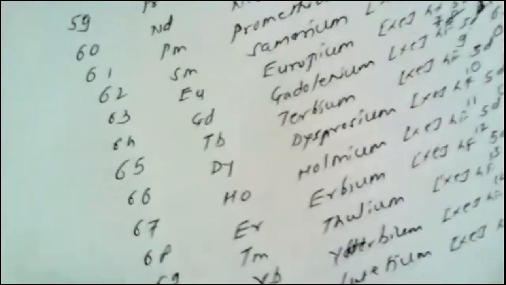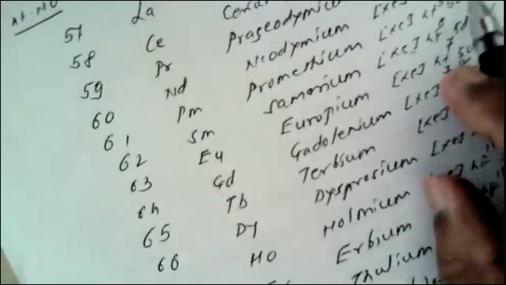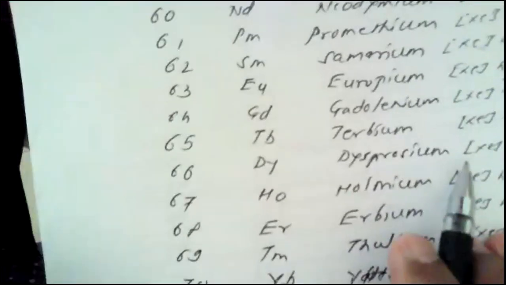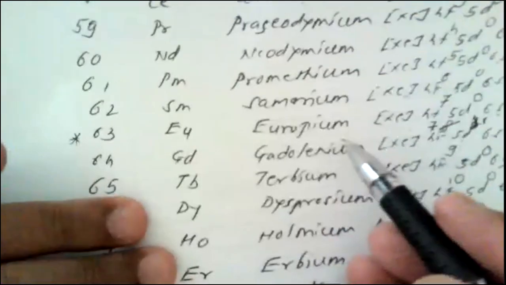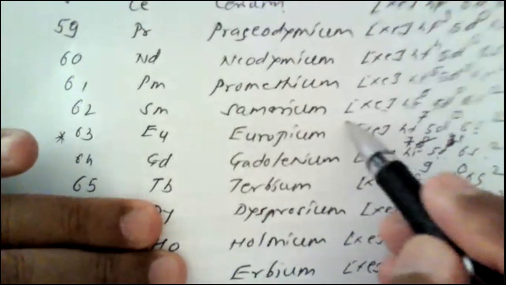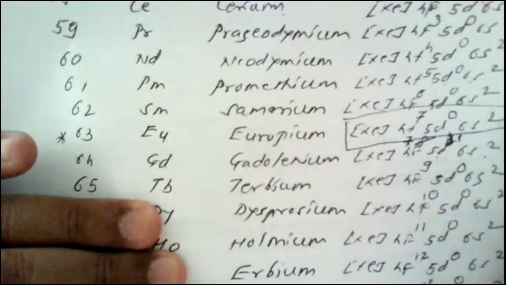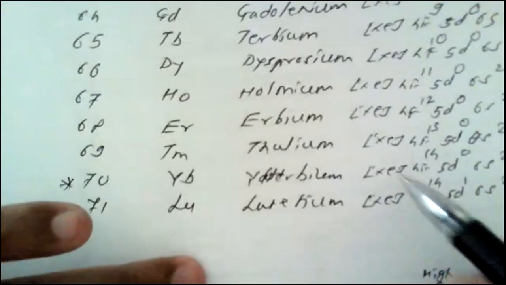Now, what are the drastic features of this electronic configuration? I would like to emphasize the drastic features which we have seen here, that at atomic number 63, the electronic configuration for europium is xenon 4f7 5d0 and 6s2, and at ytterbium, atomic number 70, the electronic configuration is 4f14 5d0 and 6s2.